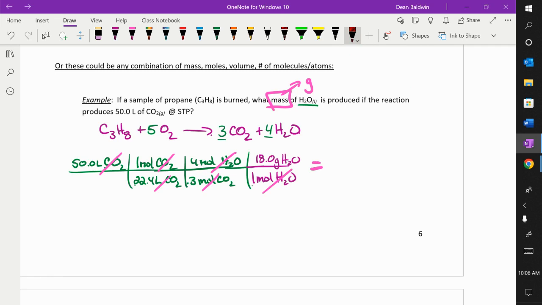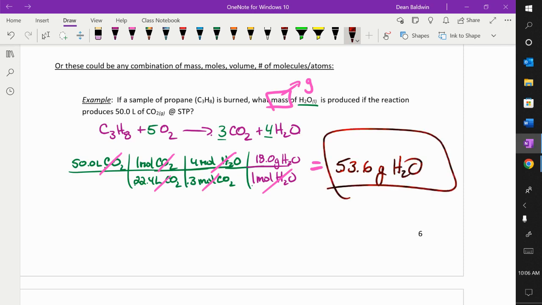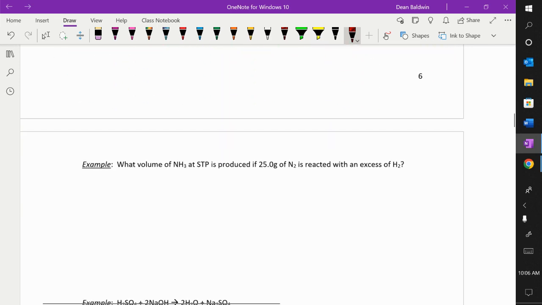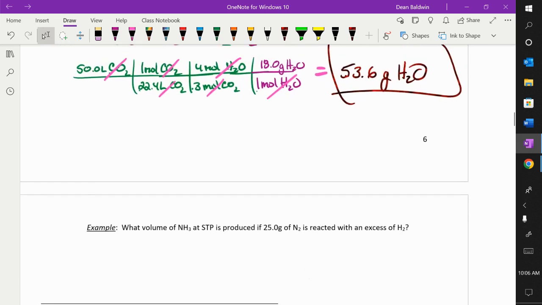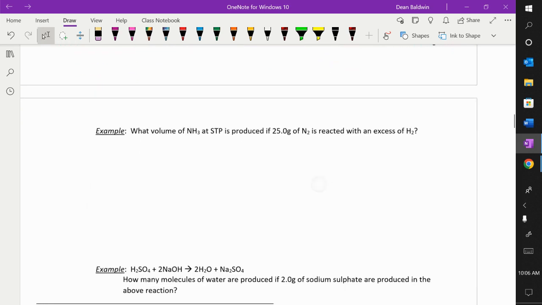Yeah. 53.6 grams of water. And we want 3 sig figs because that matches up with what we have. Are we good? All right, we got one more, and then we are done. Oh, we got 2 more, actually.